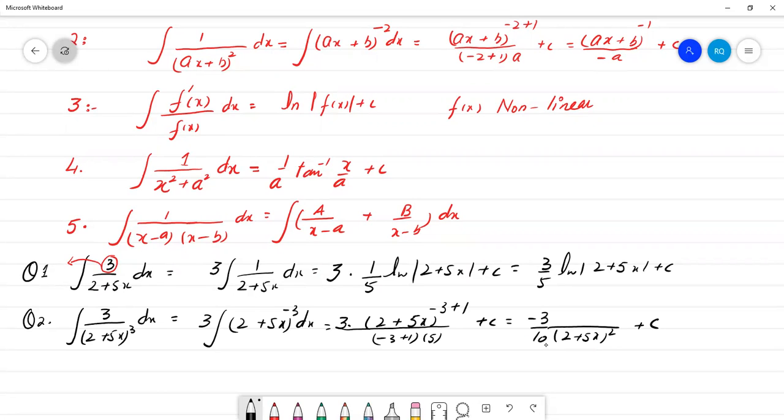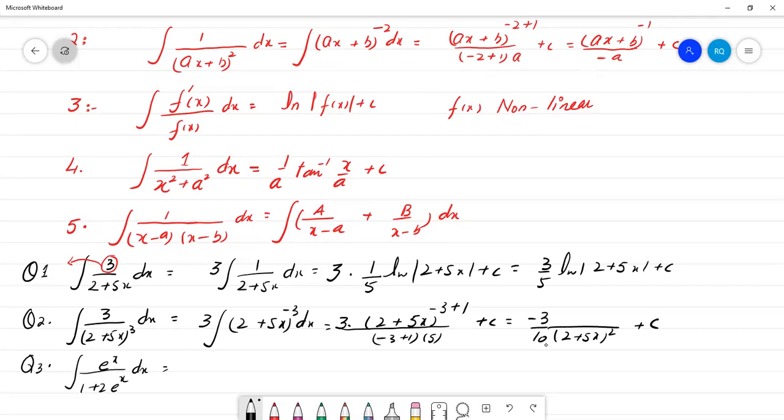Is it clear, beta? Now the next question is question number 3. That will be the third rule. Suppose you have e raised to power x divided by 1 plus 2 times e raised to power x, dx. What is the condition? The denominator is a non-linear expression and the numerator is also a non-linear expression. The derivative of the denominator should be in the numerator.